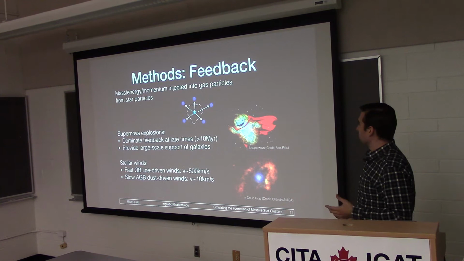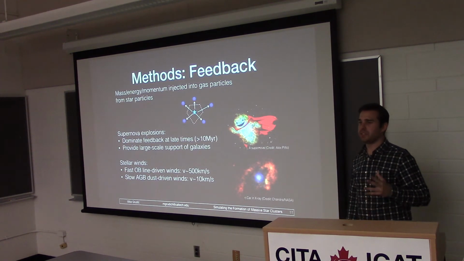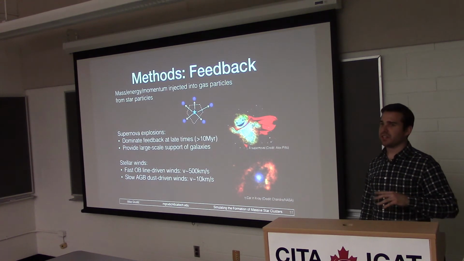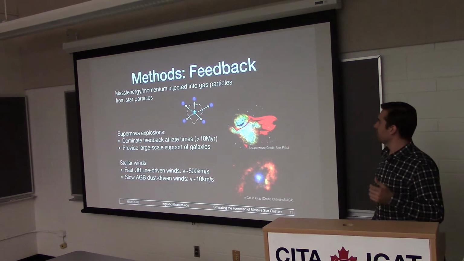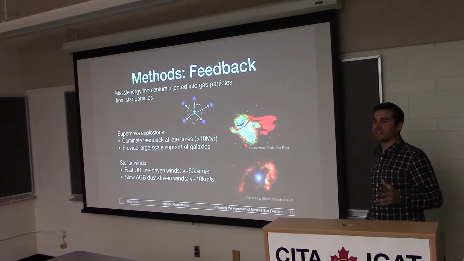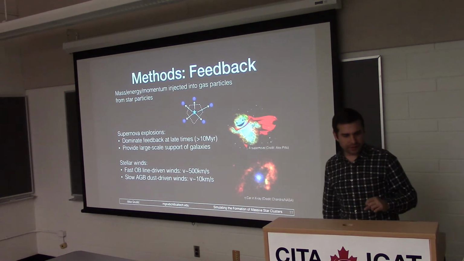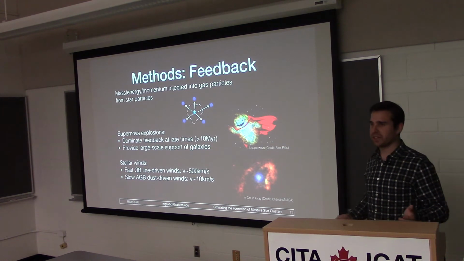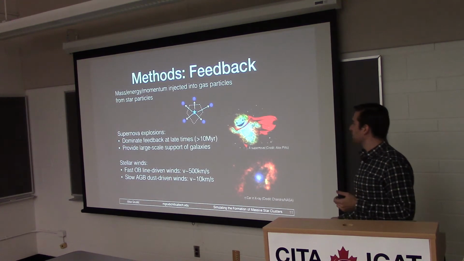So that includes supernova explosions, which will dominate energetically the feedback budget at later times, generally timescales greater than 10 million years. Now, supernovae are particularly important for preventing the runaway collapse on galactic scales. In general, we haven't found that they're quite as important as other feedback mechanisms in this problem because the timescales are relatively short. The other thing we have is stellar winds.